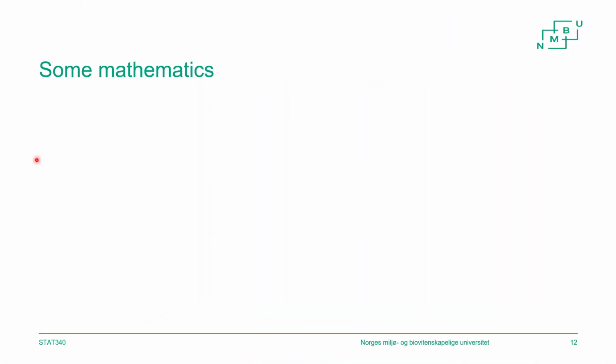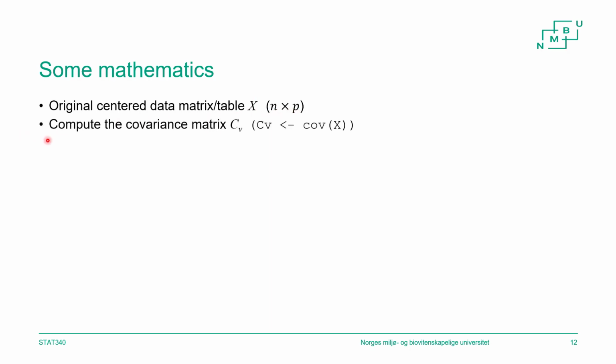Okay, some mathematics, and this is for those of you who are familiar with linear algebra. You may have gotten the impression that we go hunting for the principal components by some sort of random search. Well, that's not really the case. So let me set some things straight here, how we actually do it. First of all, let's say we have the numerical data in a matrix X, with n rows and p columns. Then we can always compute what we call the covariance matrix for this data matrix.